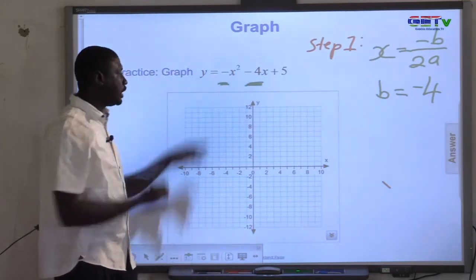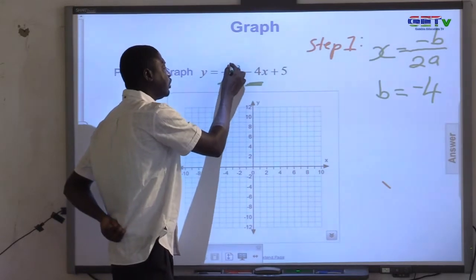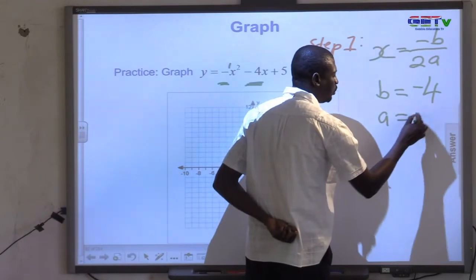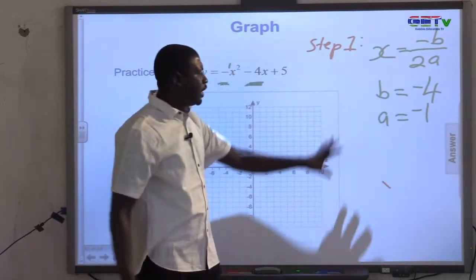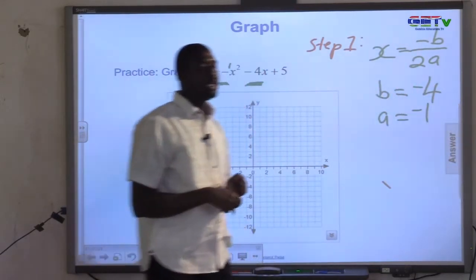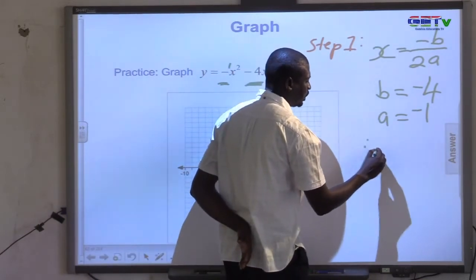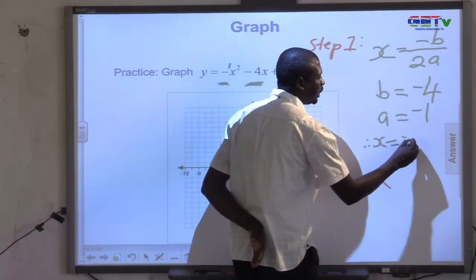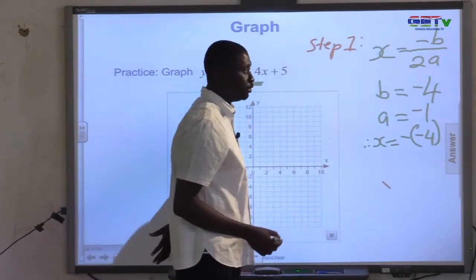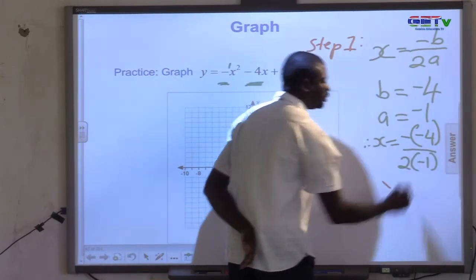The negative there is represented: this variable has a coefficient in front of it, negative 1. So the a value will be equal to negative 1. If I input these two values in place of b and a, I will get the line of symmetry. So x, the line of symmetry, will be equal to x is equal to negative b, in bracket negative 4, because the b value there is minus 4, all that over 2 times minus 1.